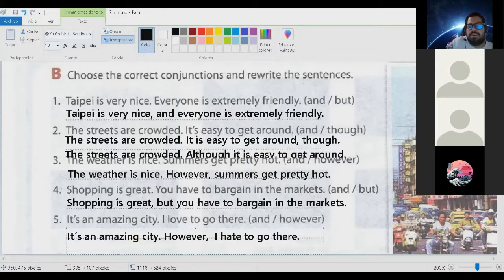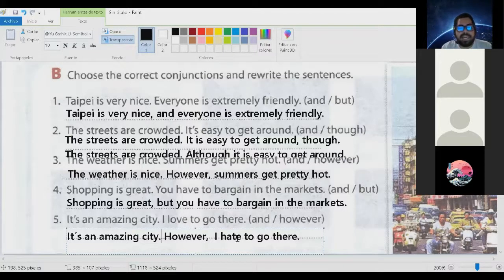However, I hate to go there. And look at this, we're making a contrast. So look at that, yes or yes, guys? A little bit. Agarrando el contraste y agregando información. We're surviving by now. It's an amazing city. However, I hate to go there.